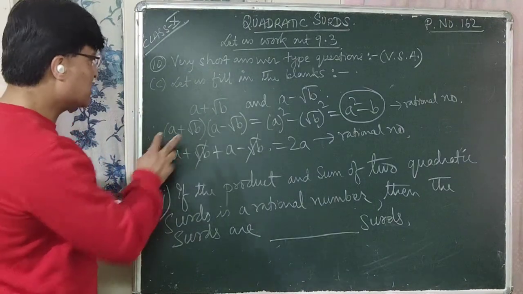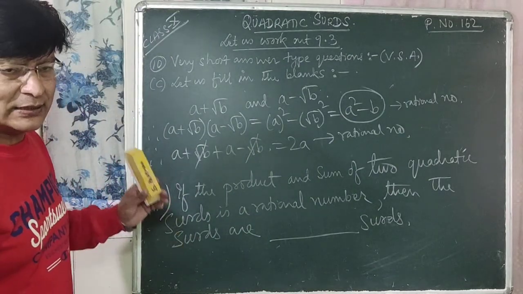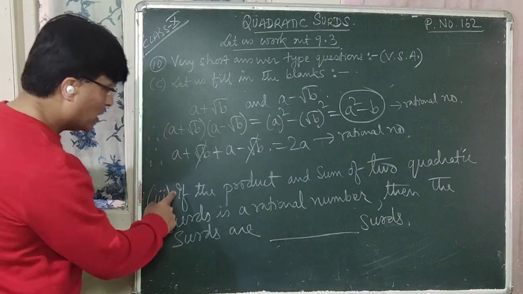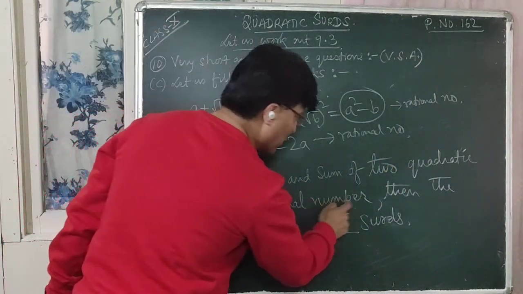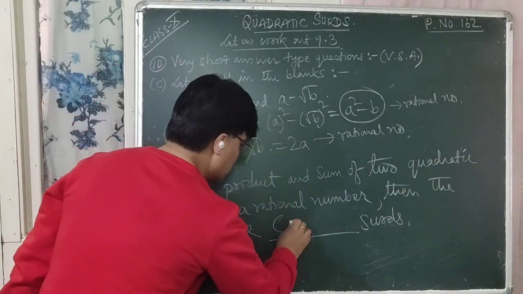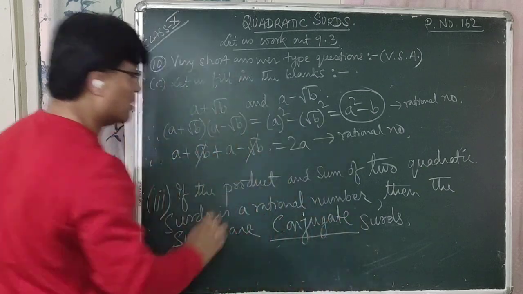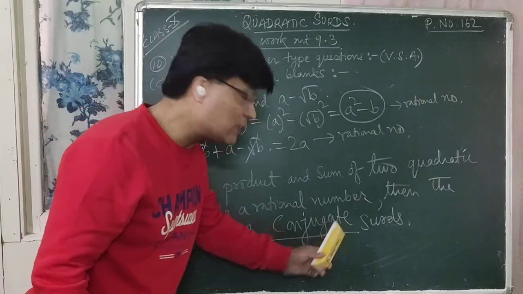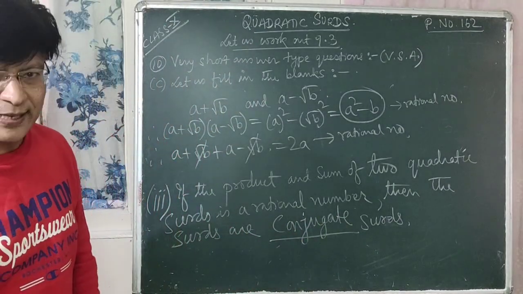So a plus root b and a minus root b are known as conjugate surds. So if the product and sum of two quadratic surds is a rational number, then the surds are conjugate surds. In the fill in the blanks, you should write conjugate surds. Is that clear to all of you?